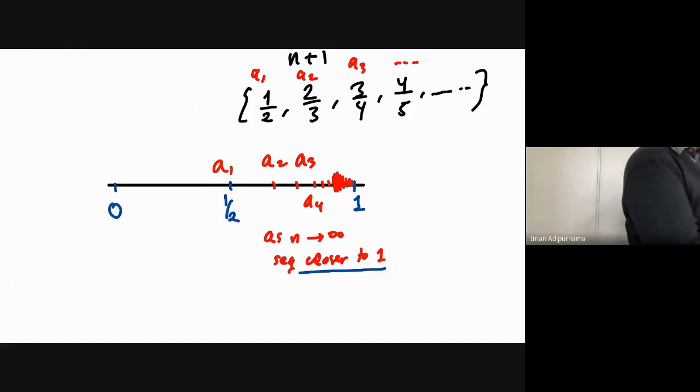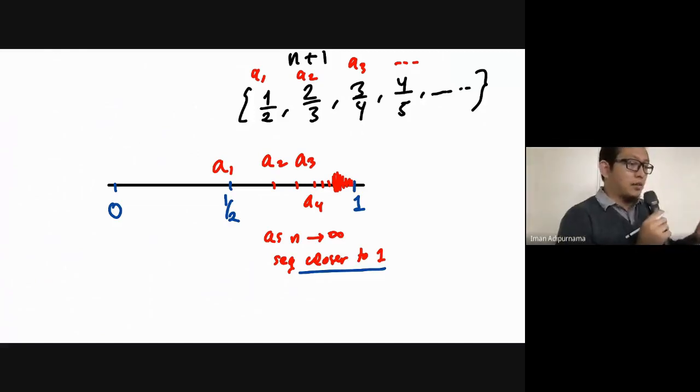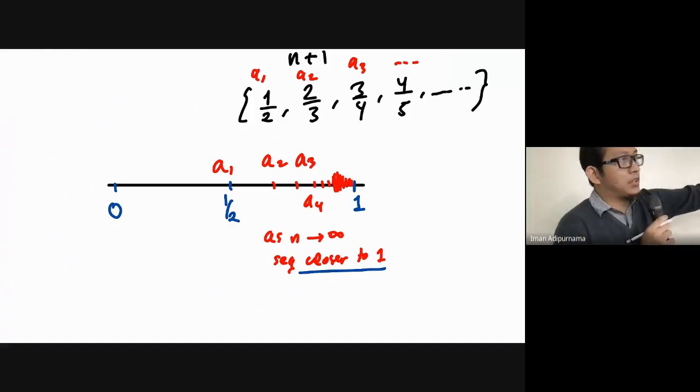From what you are seeing here, from what you've observed, it's getting closer. So by these observations, we can see that the sequence has a similar concept to the limit, okay?